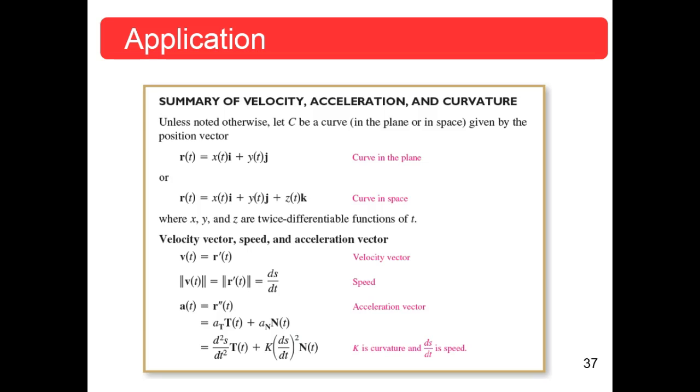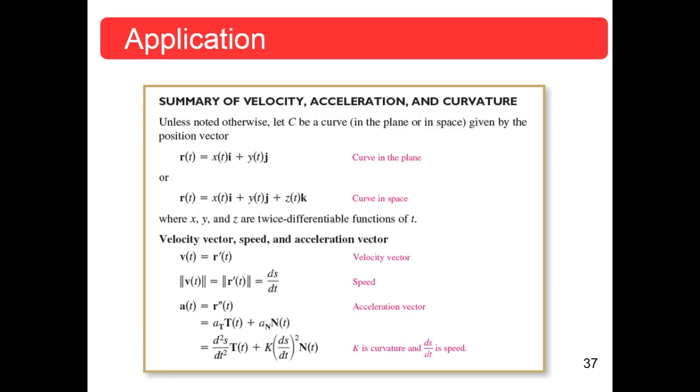It doesn't have to be. Any kind of curve that's based on some displacement vector or some position vector, unless otherwise noted, let C be a curve in plane or space. Plane would be if it's two-dimensional, i's and j's only. Space if it's three-dimensional, i, j, and k.